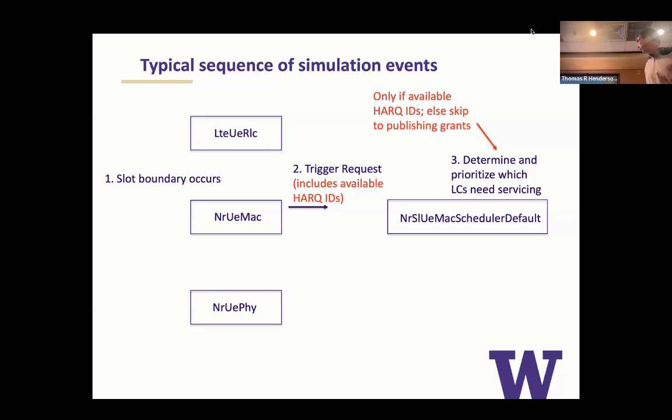If there are no available HARQ IDs, it will still publish grants that may have already been assigned HARQ IDs, but it's not going to create any new grants. That's what this red text is saying.